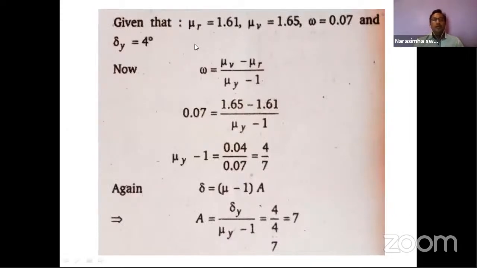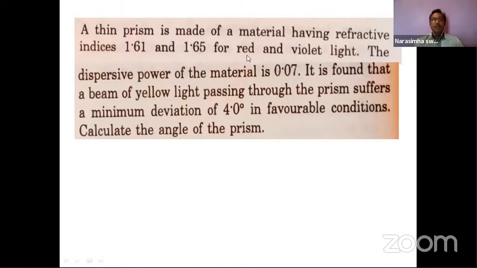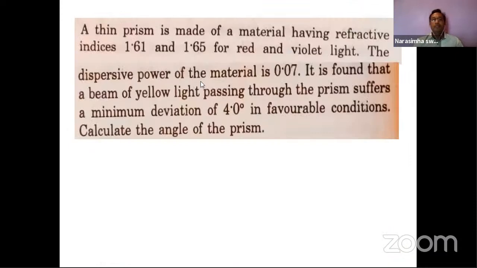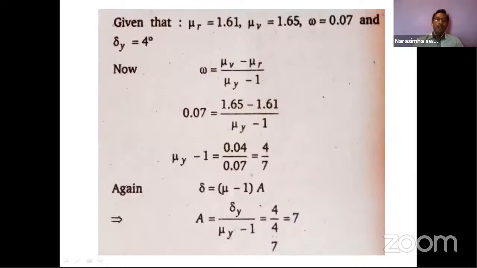Given the refractive index of red and the refractive index of violet, and omega, what is omega? Dispersive power. And delta y means what? The angular displacement, the minimum deviation of yellow color, minimum deviation of yellow is 4 degrees.